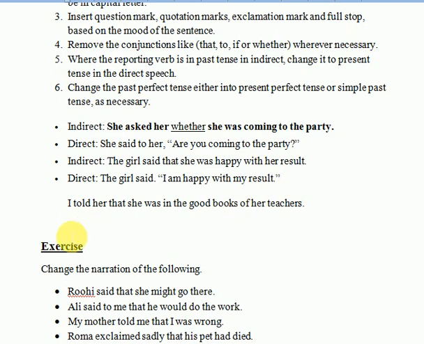Firstly, I would change I told her into I said to her. That suggests that this is an affirmative sentence. "She was in the good books of teachers," inverted comma start. I see whether this she goes according to the subject or object. Here this is going according to the object, so I'm going to place you here. "You was in," the was would get changed back into the present.